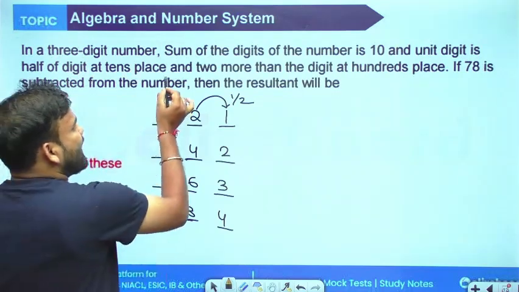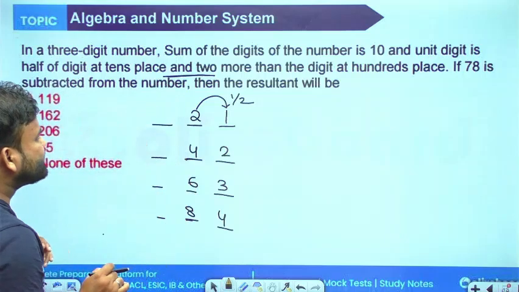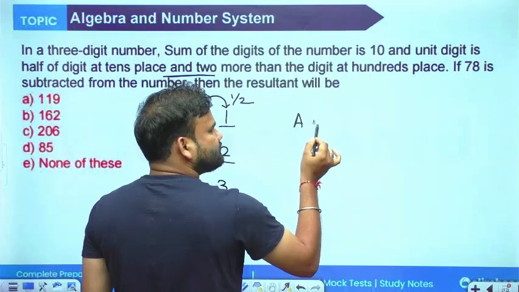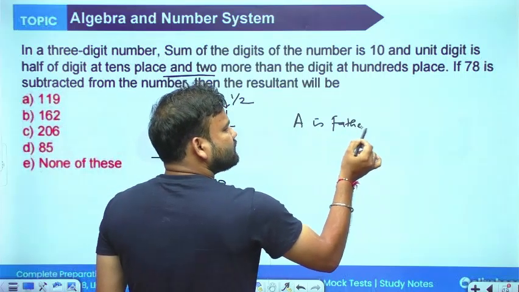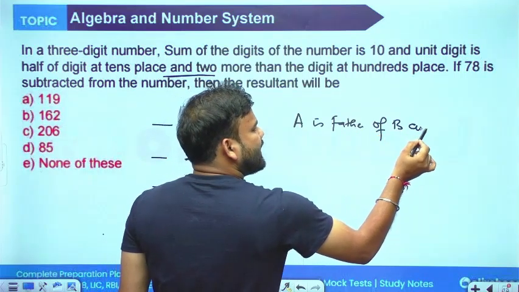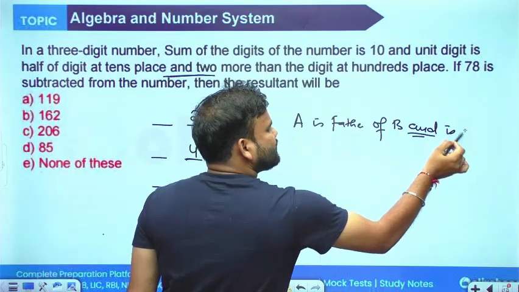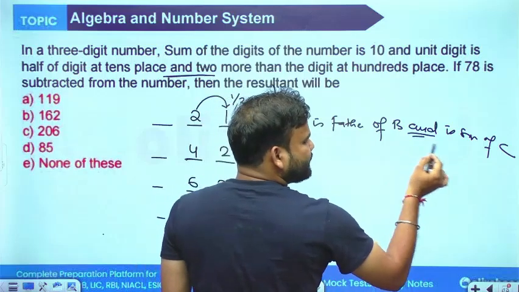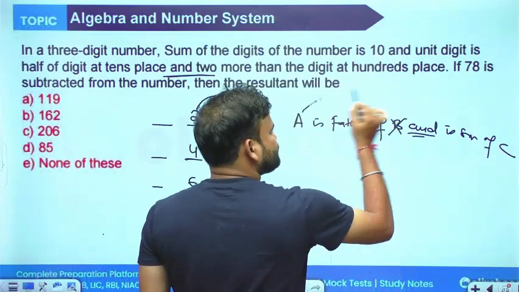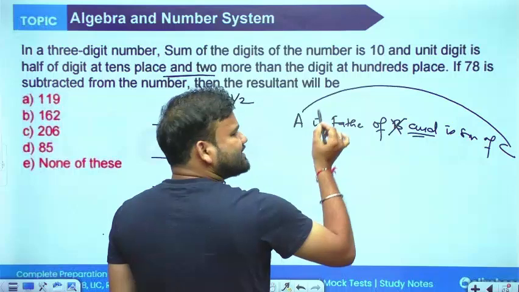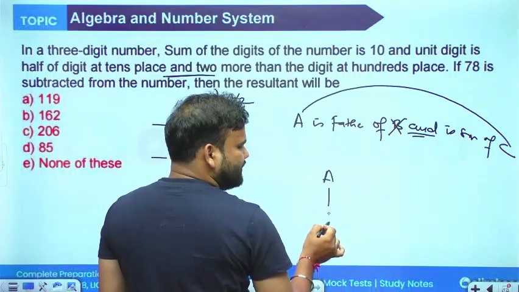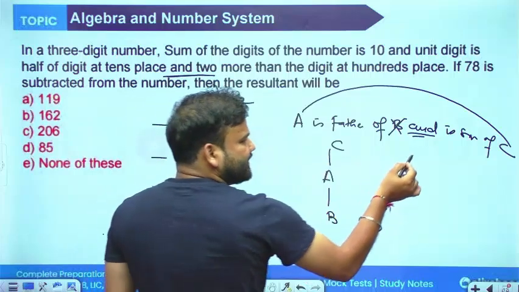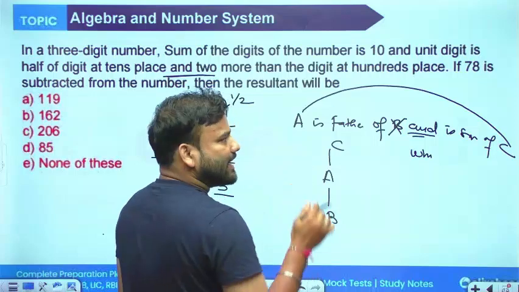And a tip about which person: if the question says A is the father of B and is son of C, who is the son of C? "And" means the first person. So A is the father of B and A is the son of C. And if it is written who, whom or whose, in that particular case, it is the second person.